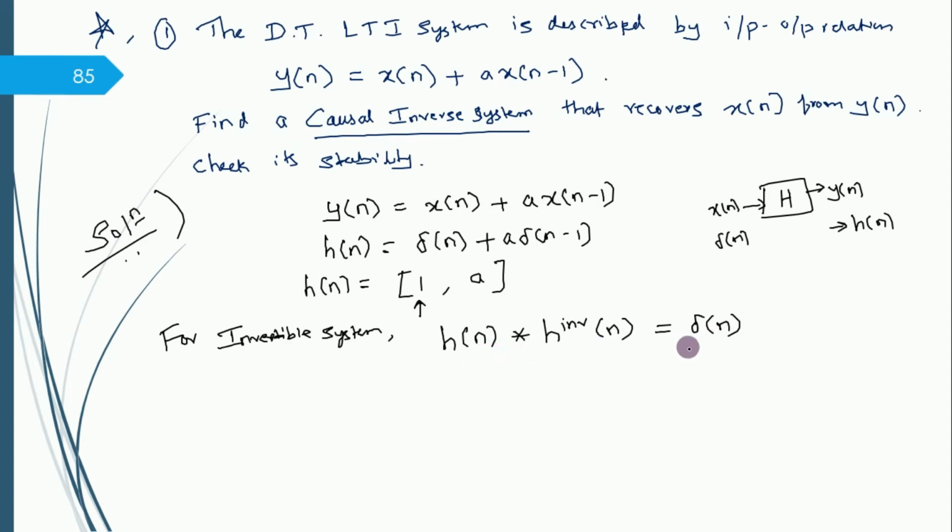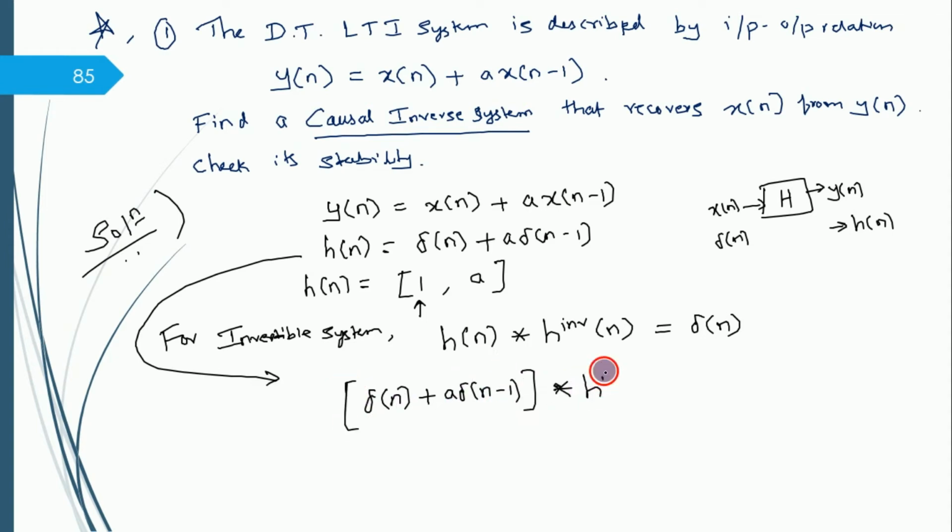Now with this generalized expression, I substitute the equations we have found. So h of n is delta of n plus a into delta of n minus 1, convolved with h inverse of n, which is equal to delta of n.